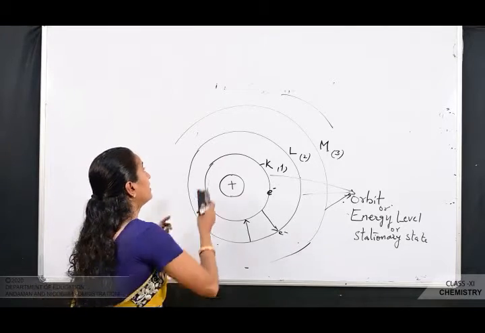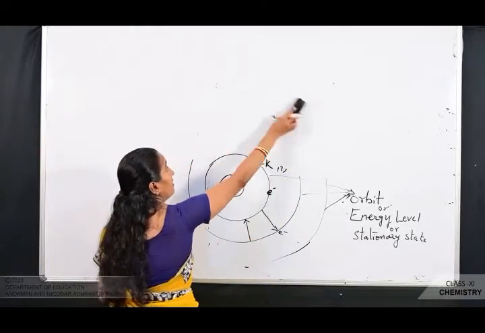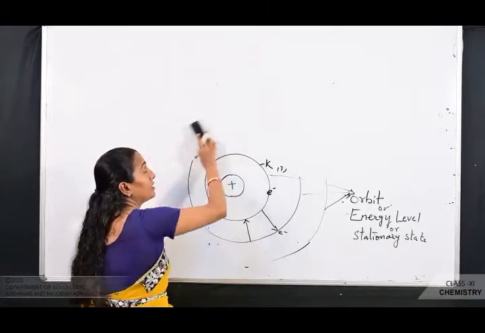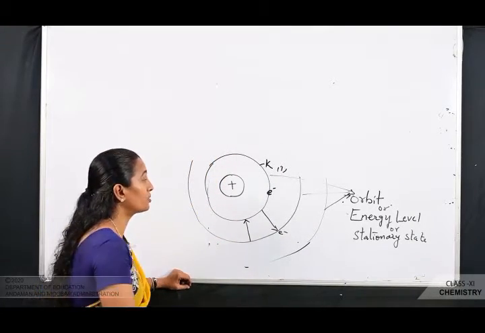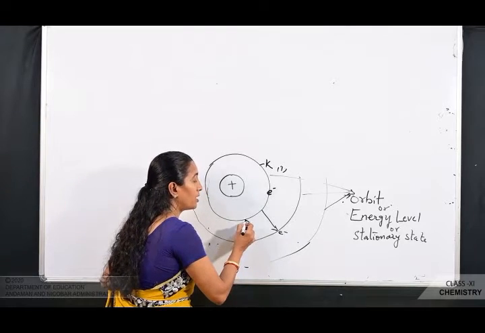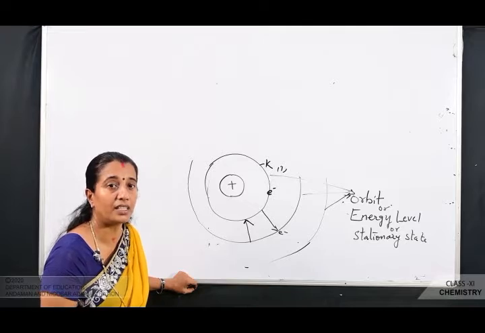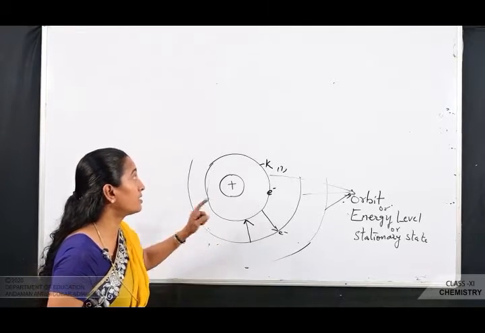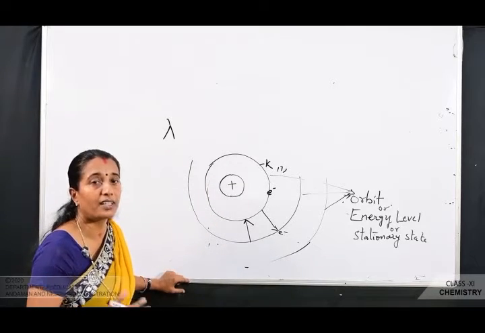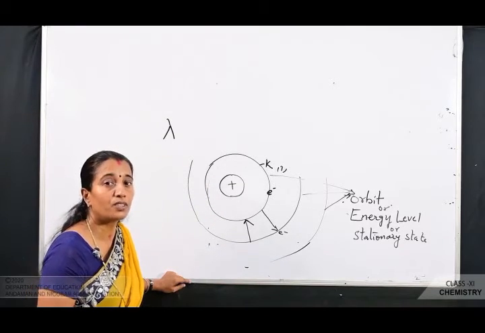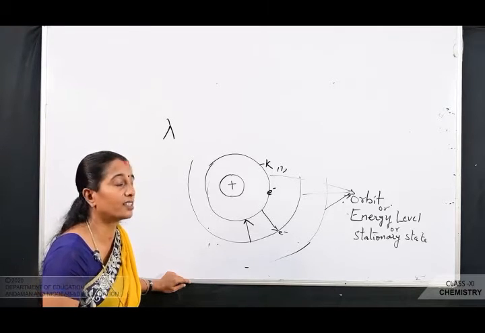We know that according to the second postulate of Bohr, when an electron emits energy, it goes from a higher energy level to a lower energy level. The wavelength of the radiation emitted by an atom depends on the difference between the final energy and the initial energy of the orbits.